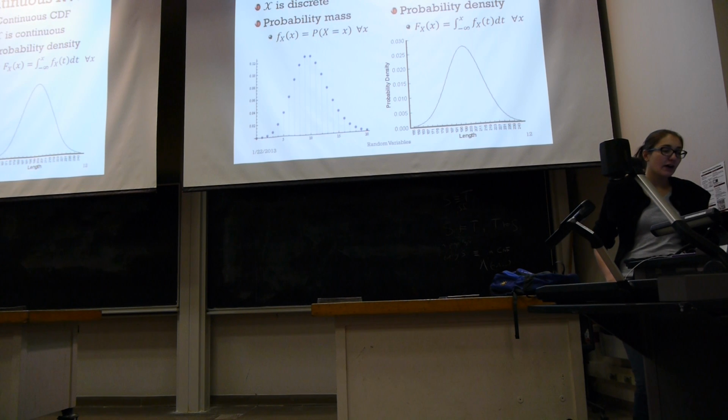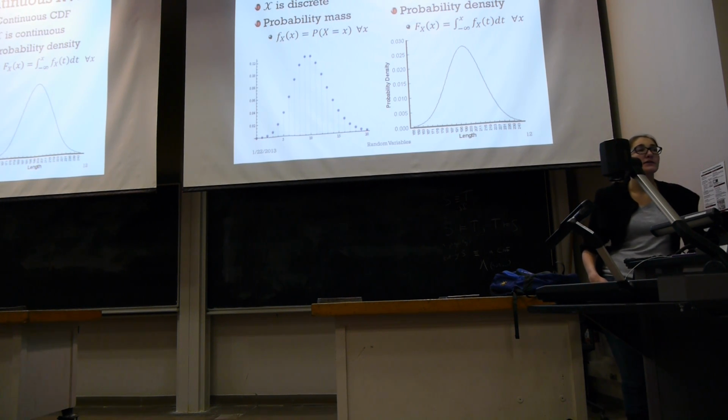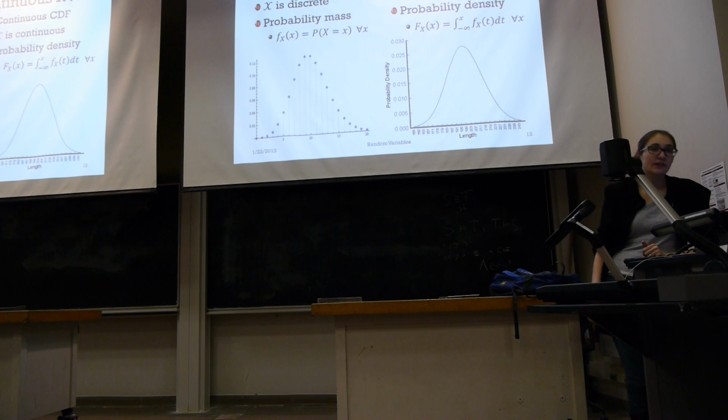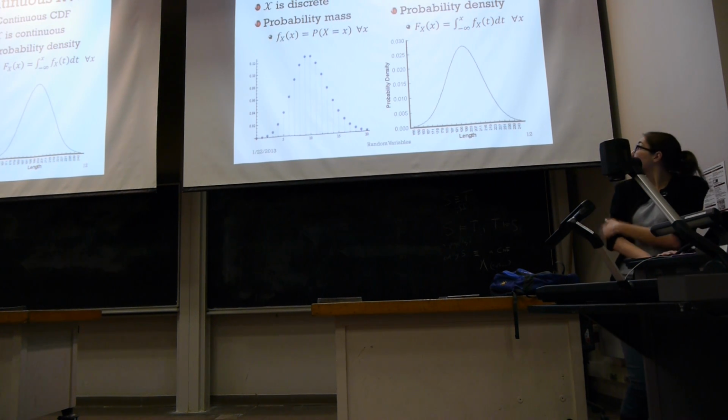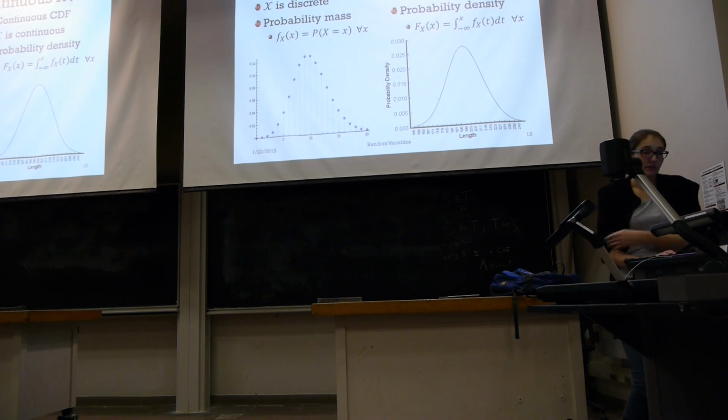For discrete variables, we'll talk about probability mass. At every value that the point can take, you're going to assign a number, and that represents the probability that x is that number. Now, the probability density applies to continuous random variables, and that's the probability density for the Gaussian.